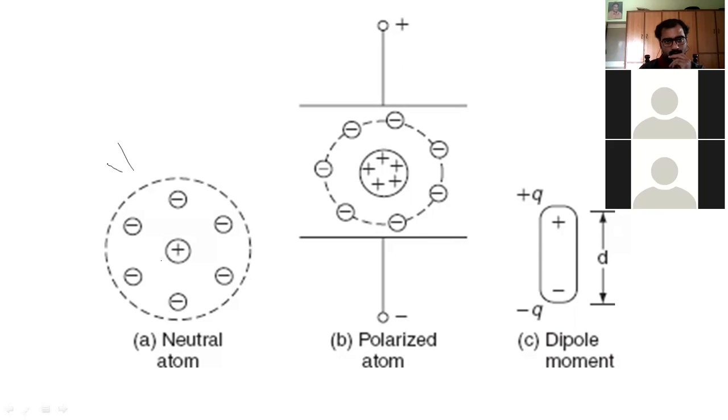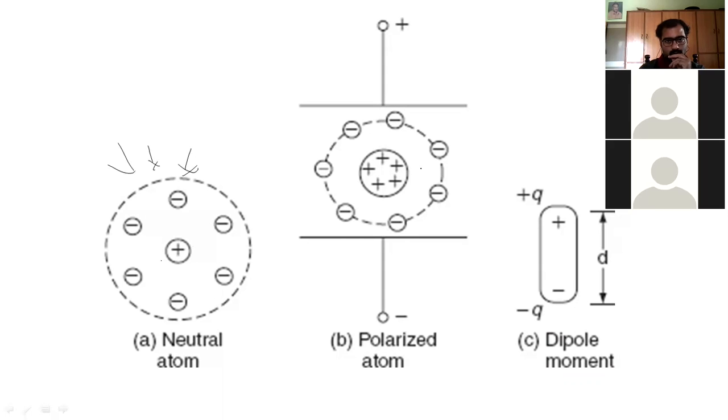We are not imposing any external force, that is, voltage or electrical field. So this is your neutral atom, where the central point has positive charge equal to the negative charge.